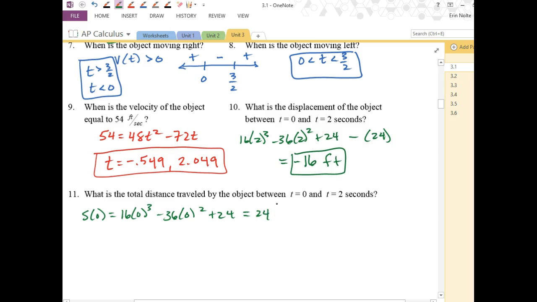Okay, so it had that positive distance all the way until, where did it stop? Where was that place that it was at rest? 3/2. So we have to go all the way to 3/2 and figure out the distance it traveled between 0 and 3/2. So I'm going to plug 3/2 in. That was the place where it was at rest.